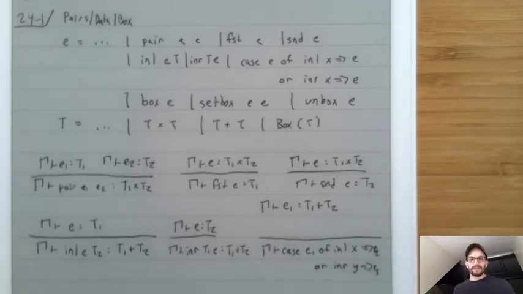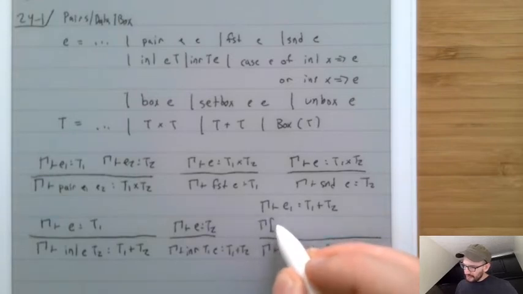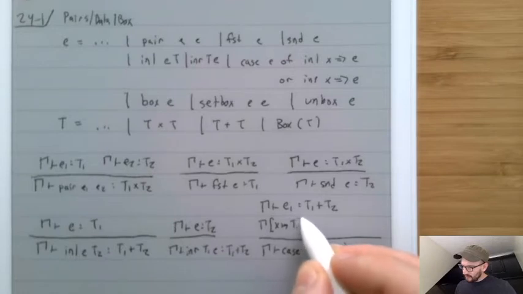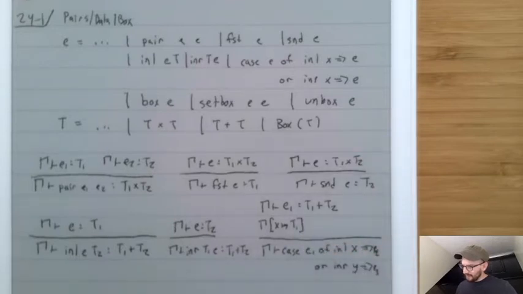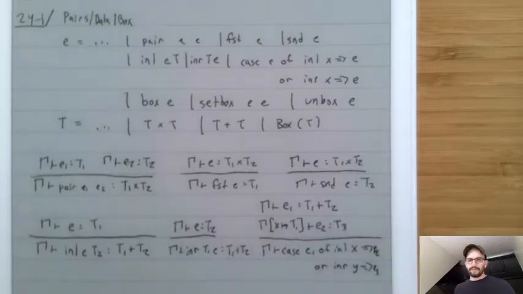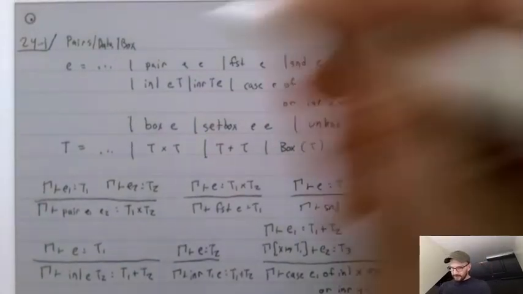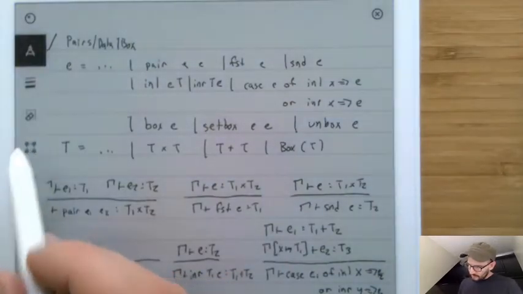That's the first step. Then we need to say that if we take gamma and extend it with a mapping from x to T1, notice that x is the left thing, then that has to prove that E2 has type T3. And we need one more rule. So actually let me just do a little bit of rearranging with our special paper.